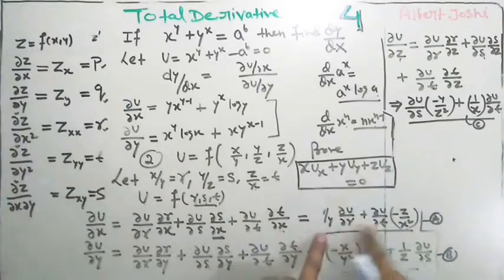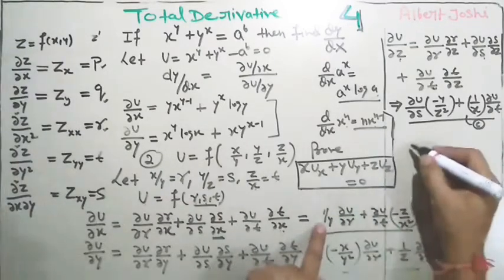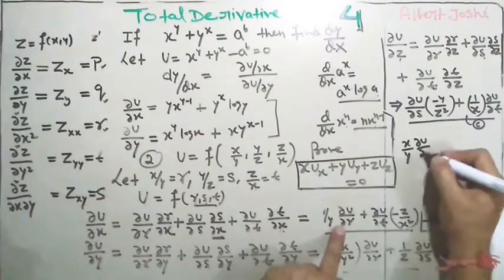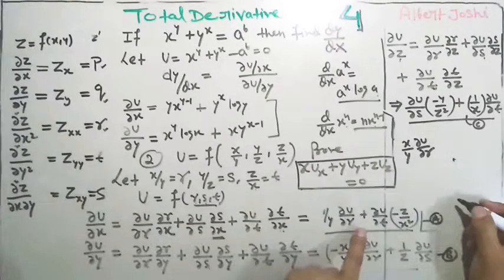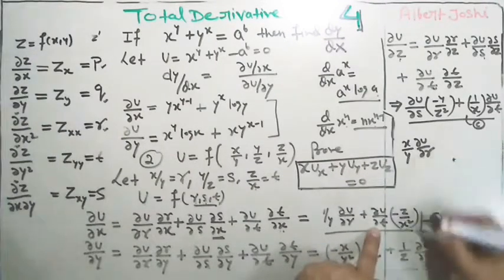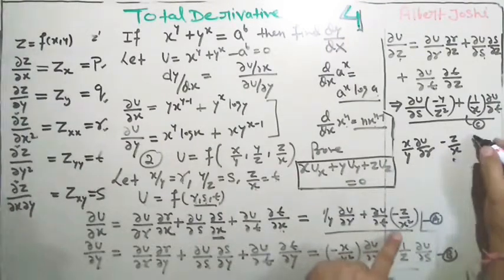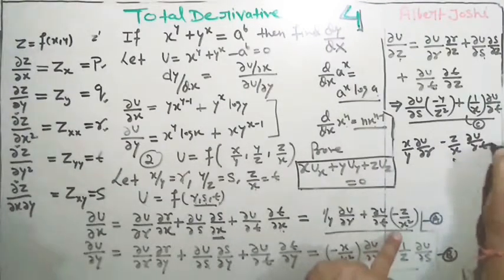Now if you multiply by x, you get x upon y del u upon del r. Then you multiply by x, x and x cancel, minus z upon x del u upon del t.